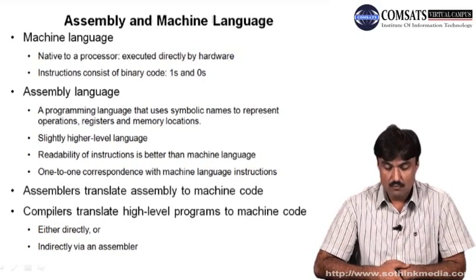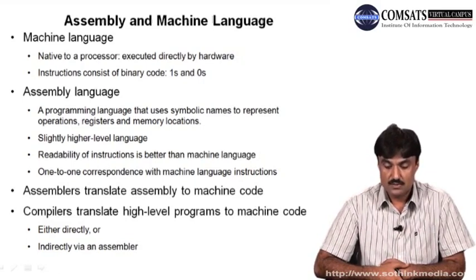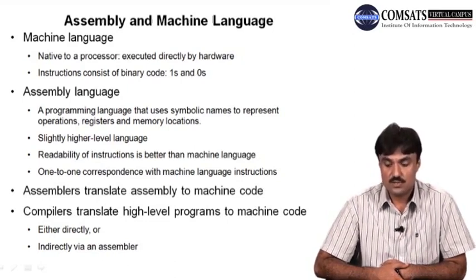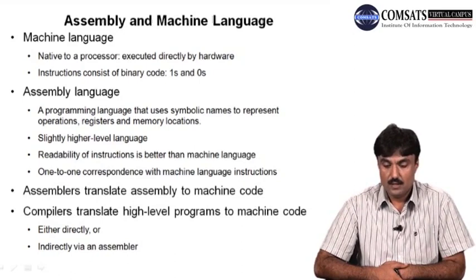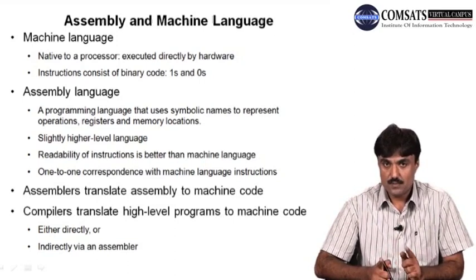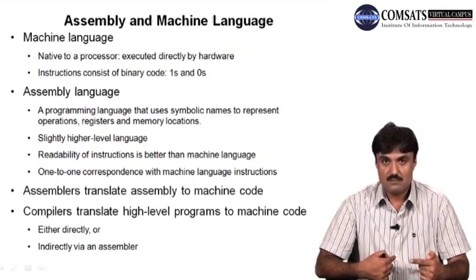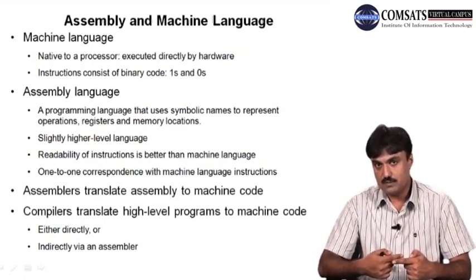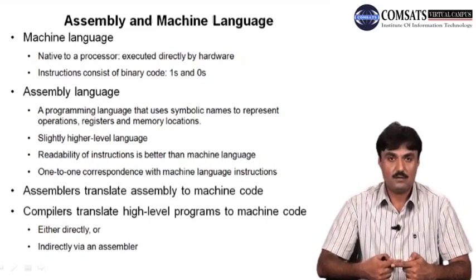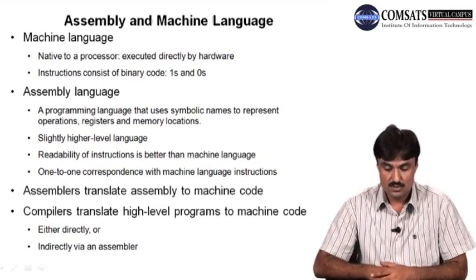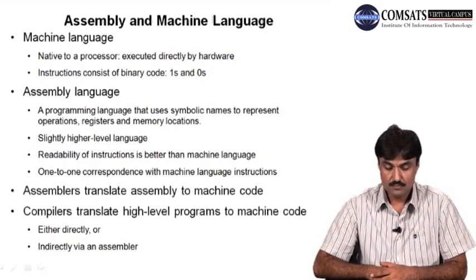Assembly language has a one-to-one correspondence with machine language instructions. Whatever instruction you write in assembly language, there is the same instruction in the form of zeros and ones inside machine language. Each assembly instruction has some representation in machine language to perform that task.